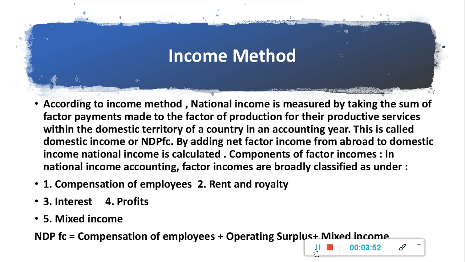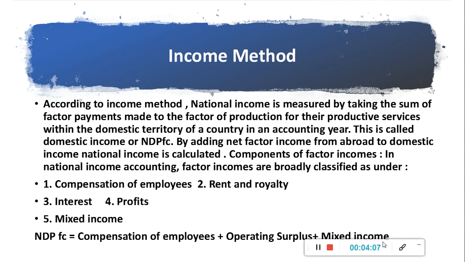So it is very difficult to separate the income received by the doctor. Throughout the country there are many examples like the doctor, and we take it as the mixed income of self-employed.